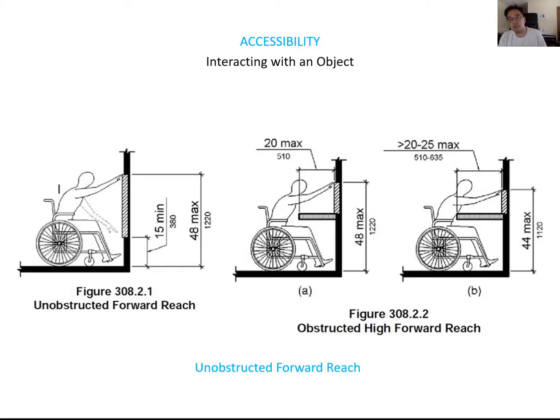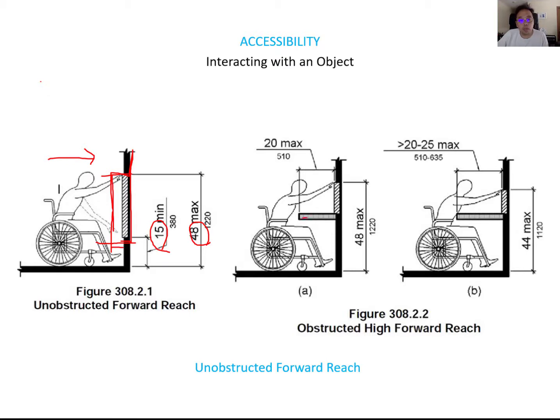See this front reach requirement here. When the wheelchair approaches from the front, the reaching object has to be located between 15 inches and 48 inches. So the object has to be located between 15 and 48 inches.